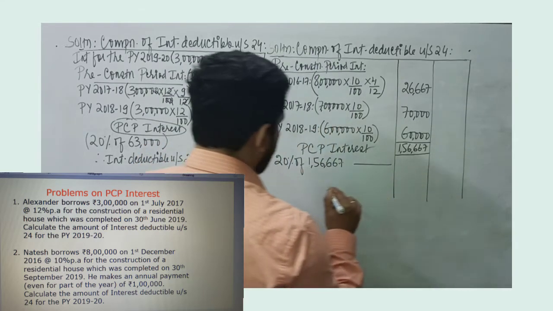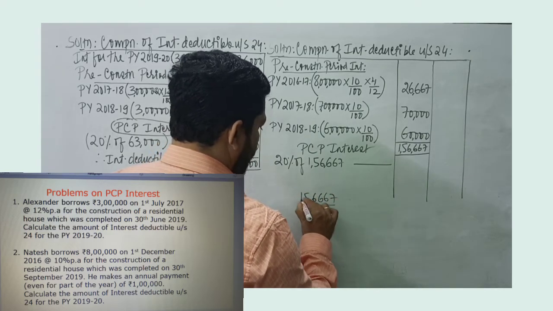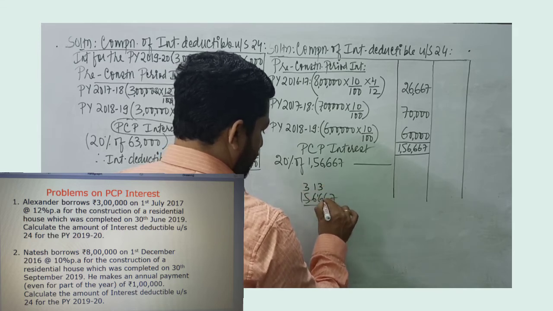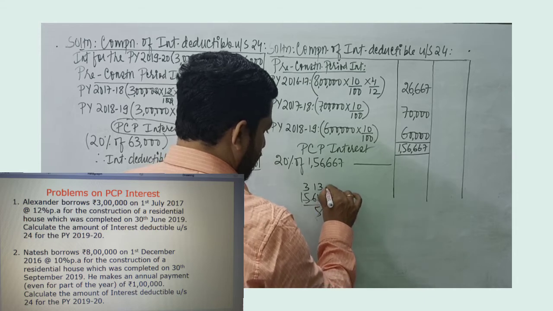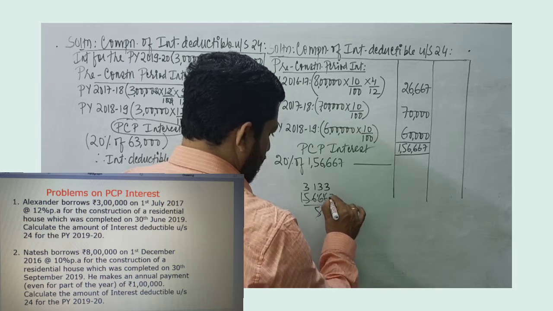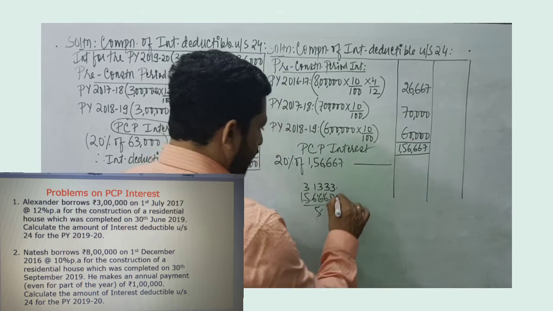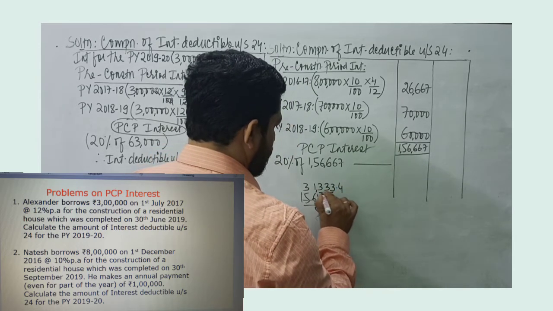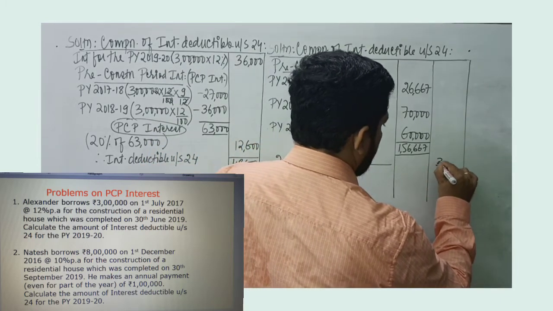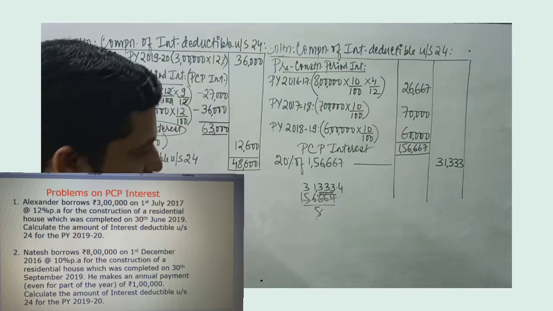It would work out to 1,56,667 divided by 5. This would be 31,333.